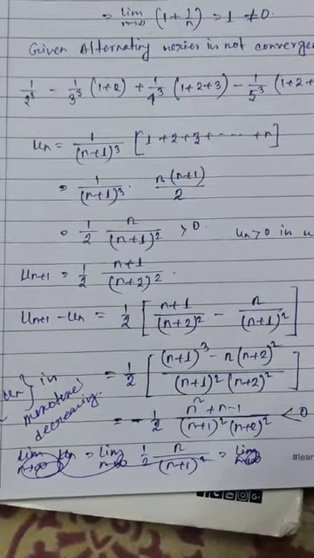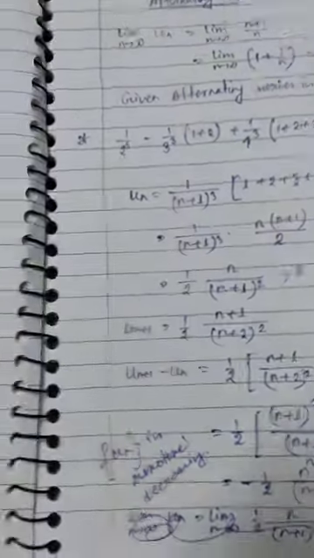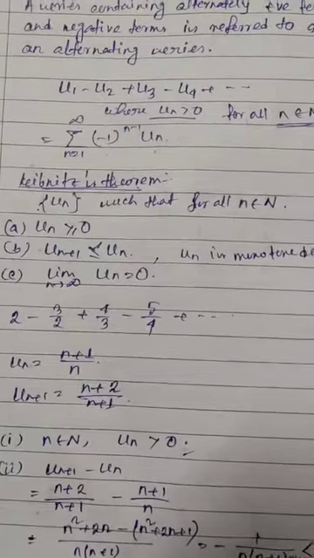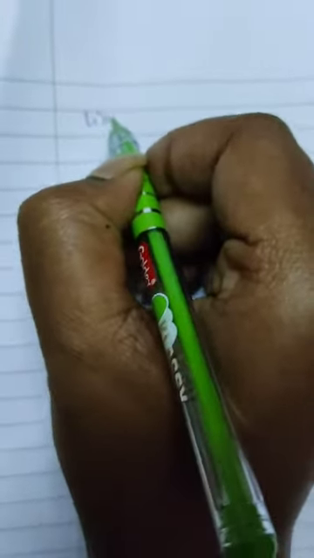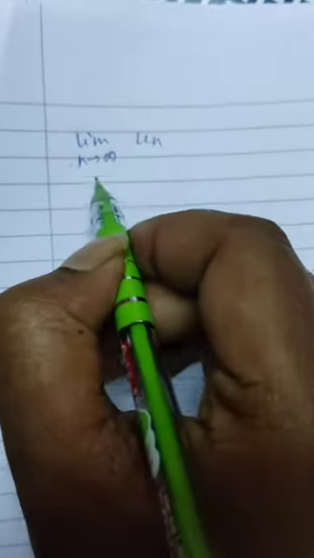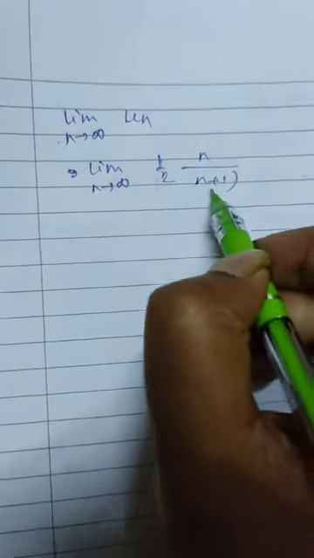So now I will check the third condition, that is, whether the limit as n tends to infinity of un is equal to 0 or not. So now let's see: the limit as n tends to infinity of un is equal to the limit of half of n divided by (n plus 1) whole square.